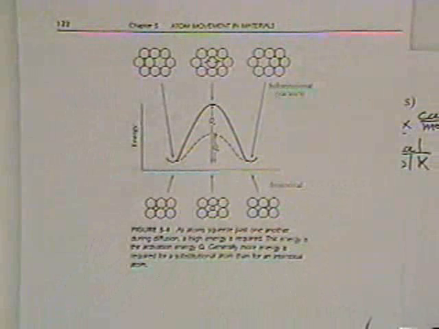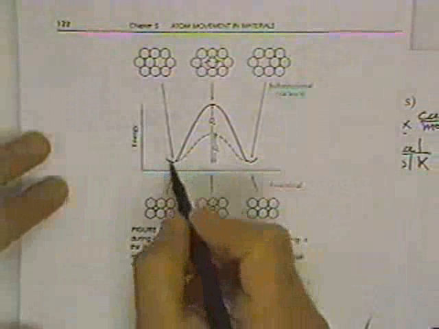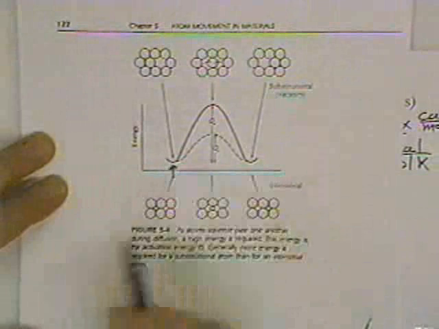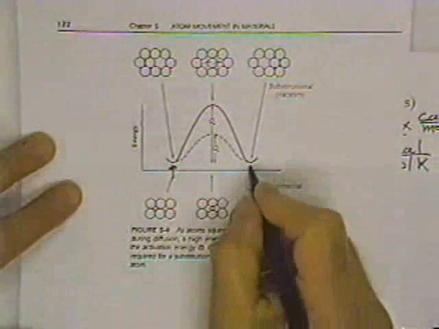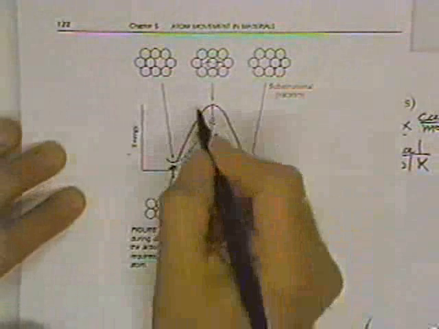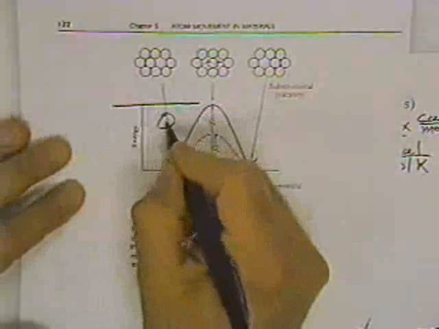suggesting atom movements, you will see that if an atom is in this position right here, in order to climb up here, it has to have this much energy called Q, where Q is the activation energy. If any of you have ever sled or lived where it's been cold or cross-country skied, you know the joy, the difficulty of getting up to the top of the hill.